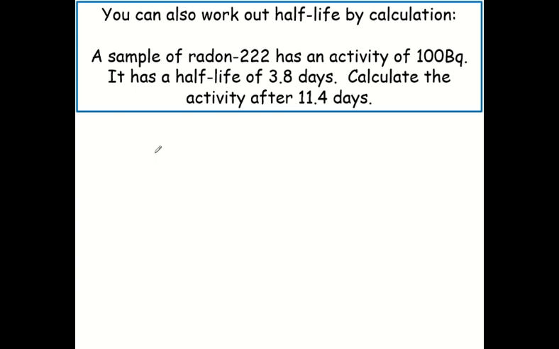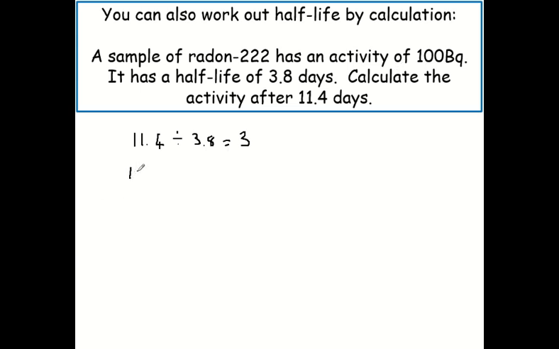Now, some of you may not be a great fan of fractions, in which case there is another way we can do this. So again, we start the same way because we've still got 11.4 days and a half-life of 3.8. So we need to know how many half-lives. 11.4 divided by 3.8 still gives us 3 half-lives. Then what we're going to do is work out what the new activity is.